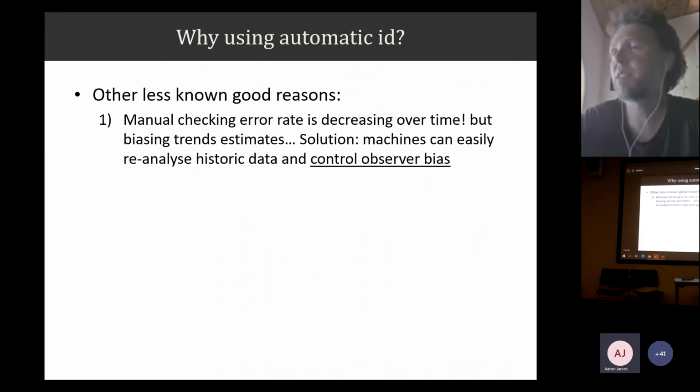It's the case for bats, where we know that we did not have the same knowledge 15 years ago as we have today. So being able to reanalyze all the historical data with machine learning makes us able to control this observer bias.